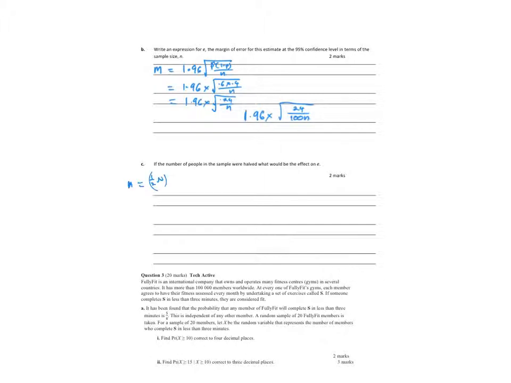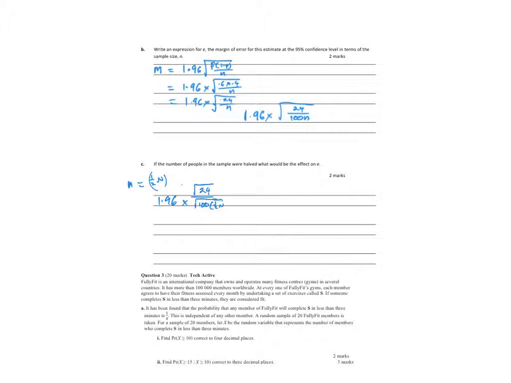So let's compare what the new error would be. So 1.96 square root. Let's just simplify the fraction. Write it as the square root of 24 over the square root of 100 times n, which in this case is a half n.